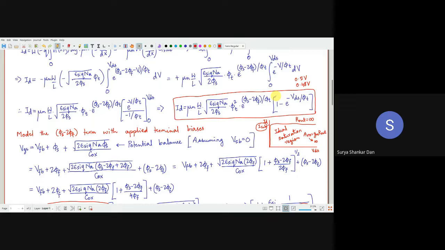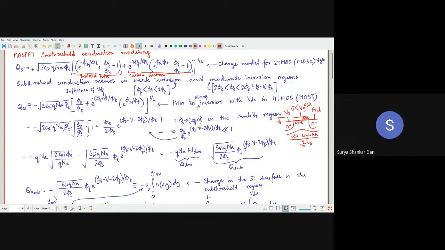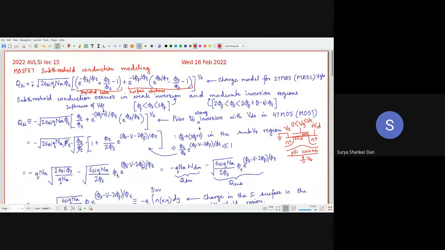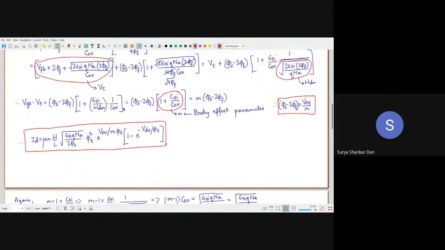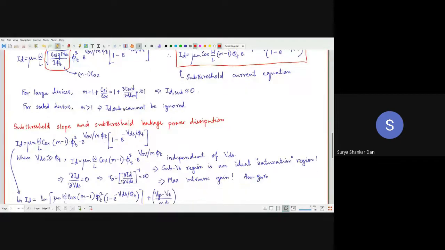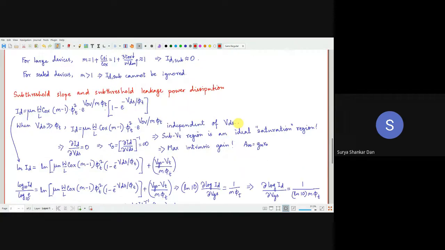However, in the microelectronic devices course, microelectronic circuits course, we will look into subthreshold as an aberration, as a problem. That's why we will say subthreshold leakage, power dissipation. But in modern technology, people are intentionally designing in the subthreshold region. So that's what I have written here also.